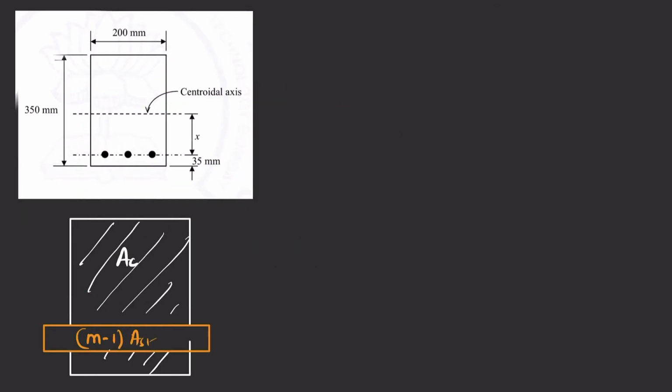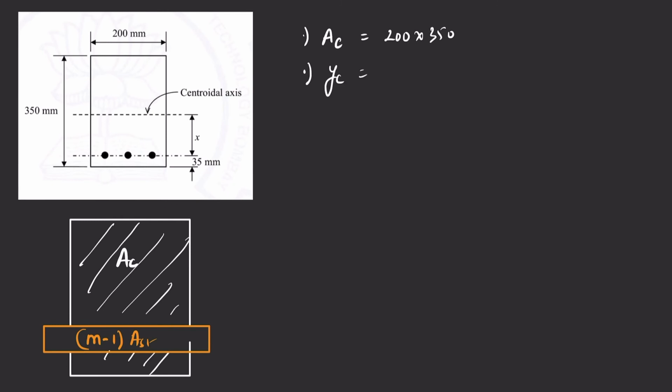Okay, let us quickly write down the values of all the areas. So the area of concrete will be equal to 200 times 350. The neutral axis depth from the reference line for the concrete is equal to d by 2, which is 350 by 2.